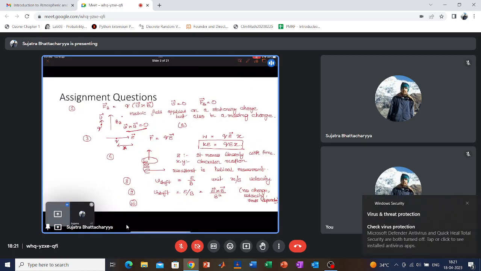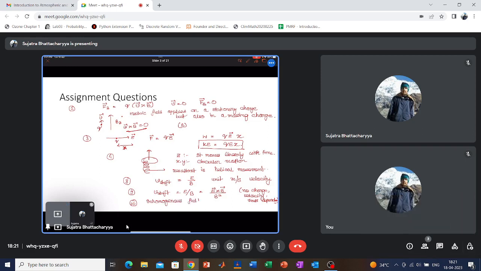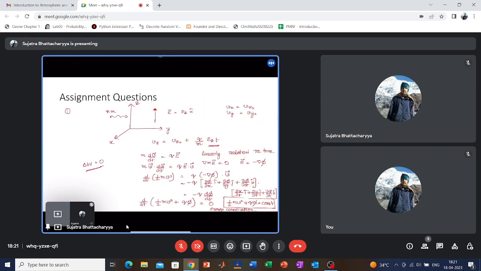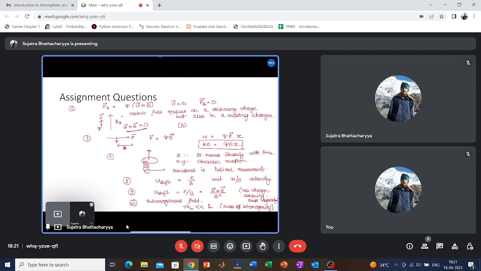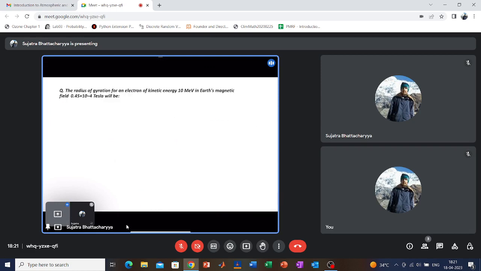So for an inhomogeneous field, the radius of gyration RL is much less than L, that is the scale of inhomogeneity. Okay. So these are all the assignment questions which we have seen and solved, and the remaining numerical based questions we are going to do just now.